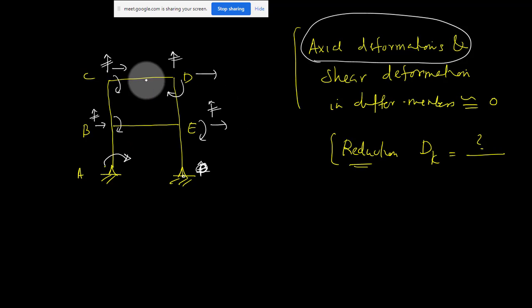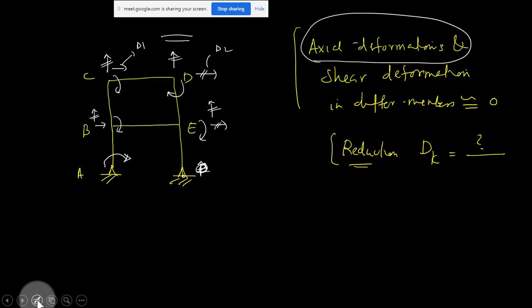And if you take the beam CD, the length before and after deformation should not change, since there is no axial deformation. To satisfy the condition, these two degrees of freedom, delta 2, both should be equal. And similarly these two will become equal. That means instead of 2 I can remove any one, I will just remove this one.